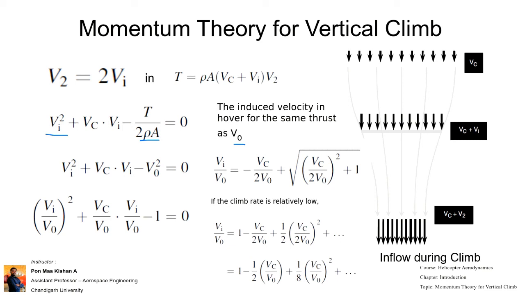In some other books they will mention it as VIH, and for the climb they will mark it as VI with suffix C. The notations vary from book to book, so kindly read carefully what the notation is. Here V naught indicates the induced velocity during hovering.